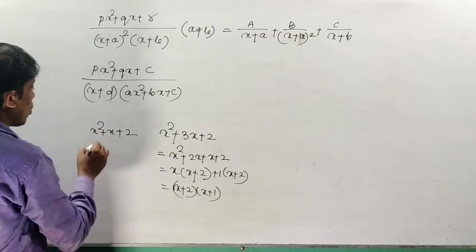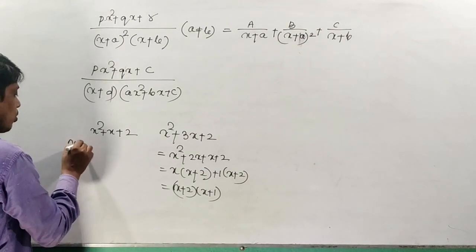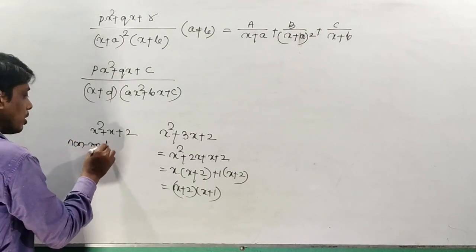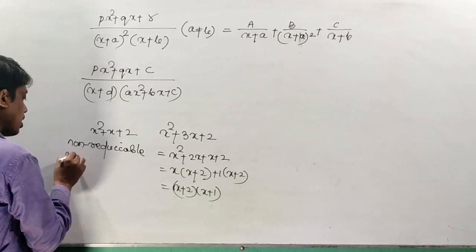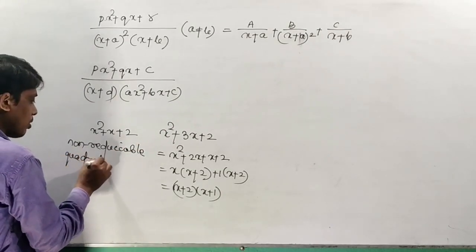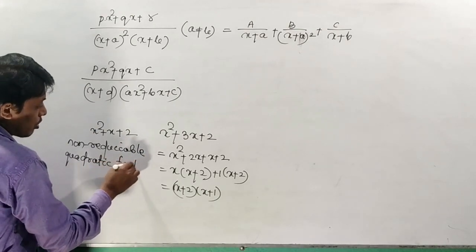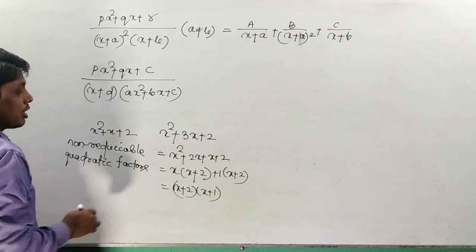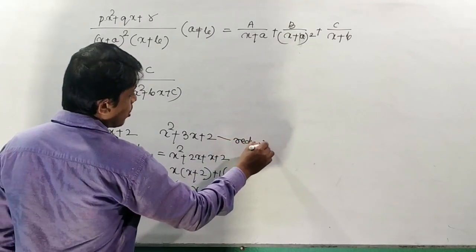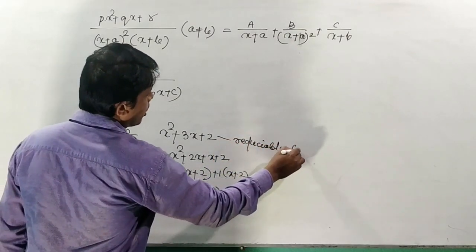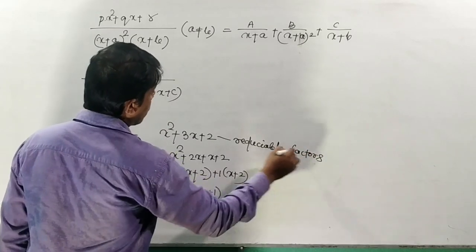This is called the non-reducible quadratic factors. This is called reducible factors, quadratic factors.